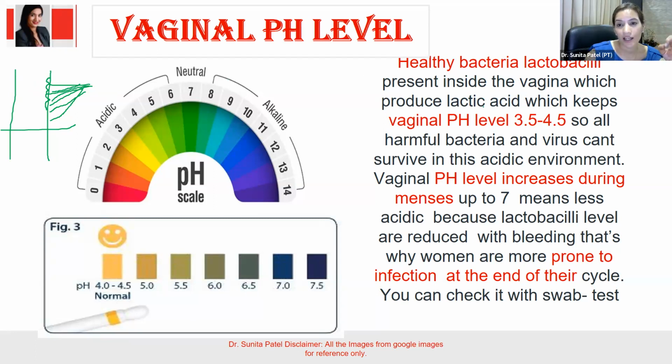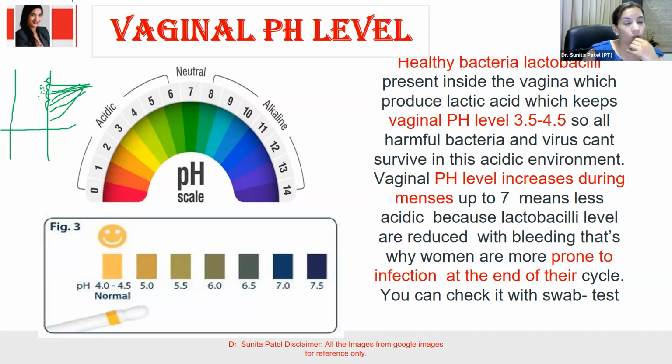Lactobacilli produce lactic acid, and they keep producing it. The droplets are present inside the vagina. This lactic acid makes a good environment inside the vagina, which kills the harmful bacteria. In this environment, the healthy lactobacilli can survive, but unhealthy bacteria should not survive.